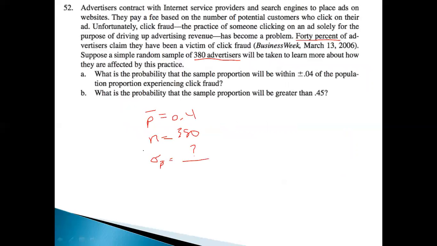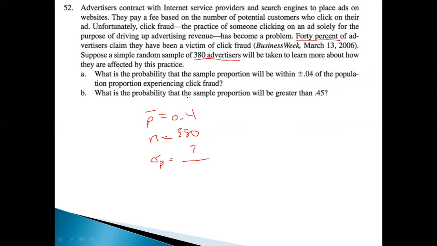All right, so here we've got number 52. Advertisers contract with internet service providers and search engines to place ads on websites. They pay a fee based on the number of potential customers who click on their ad. Unfortunately, click fraud, the practice of someone clicking on an ad solely for the purpose of driving up advertising revenue, has become a problem. 40% of advertisers claim that they have been a victim of click fraud.